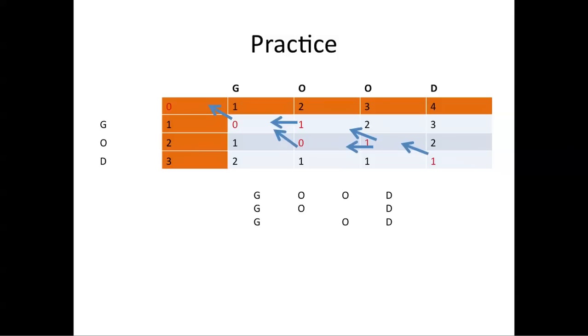Again, in this case, there are two possibilities because God has one O and good has 2, so you can match in any place. And the cost is 1 because in any case you have to insert an O.